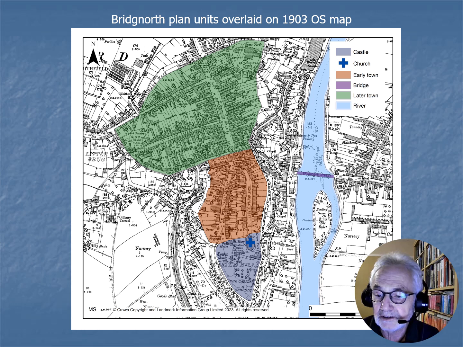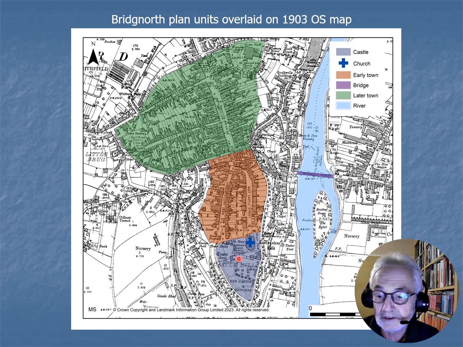He placed it at the southern end of the sandstone ridge, with a church in its inner bailey, and laid out a small town in the outer bailey. He also constructed a bridge over the river, enabling access to the town and castle from the opposite bank. Subsequently, the town was greatly expanded to the north along the sandstone ridge in a series of planned extensions.